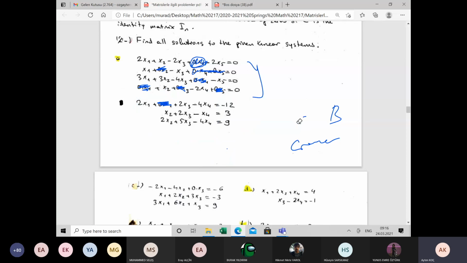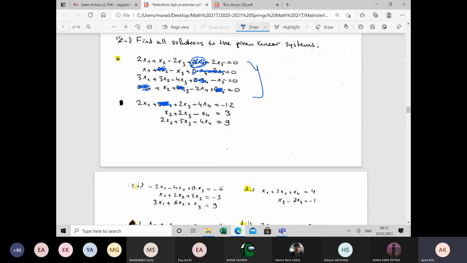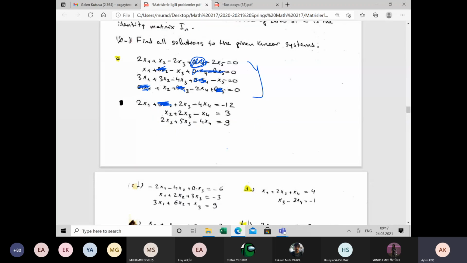Our coefficient matrix is not square, because we have 3 equations but 4 unknowns. It's okay? A 3 by 4 system. So what can you say about the solution of the system?